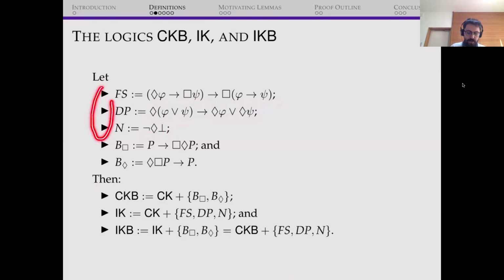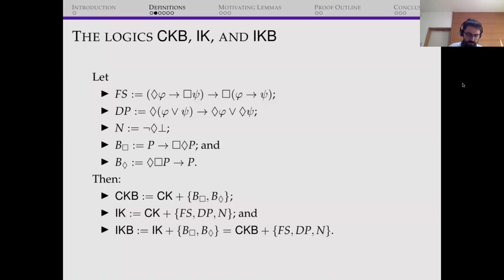These three axioms are equivalent classically to K, but not in the constructive setting. We put all these axioms together to get the logic IK. It's CK with these three axioms.